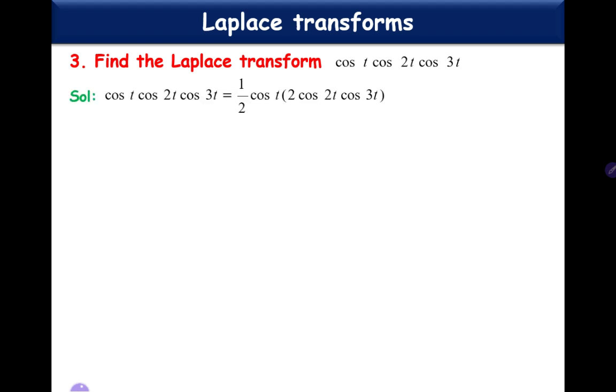Now let us try to find the Laplace transform of cos t into cos 2t into cos 3t, a product of 3 terms. In these 3, you can choose any 2 and apply the cos a into cos b formula. What is 2 cos a cos b? 2 cos a cos b is cos of a plus b plus cos of a minus b.